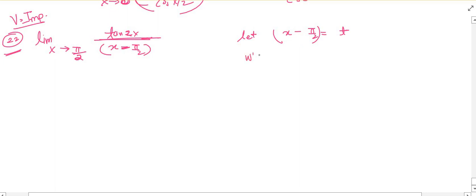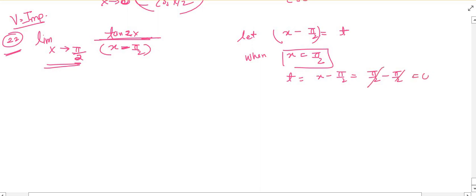So when x is going to pi by 2, what will be t? t is x minus pi by 2. Let me put x: pi by 2 minus pi by 2 cancels, which is 0. So when x is pi by 2, at that moment t is 0.